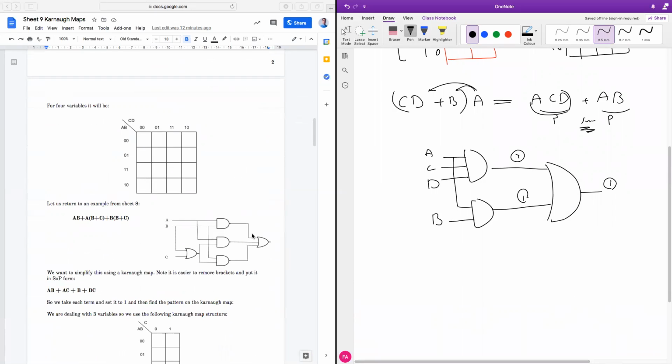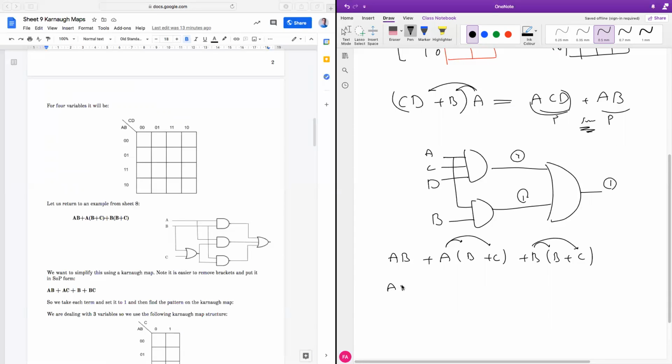This circuit, if you translate it to a Boolean expression, you will get AB plus A, B, C plus B, B, C. So this is not SOP form, because in SOP form there is no bracket. So you've got to use the distributive rule to convert it to SOP form.